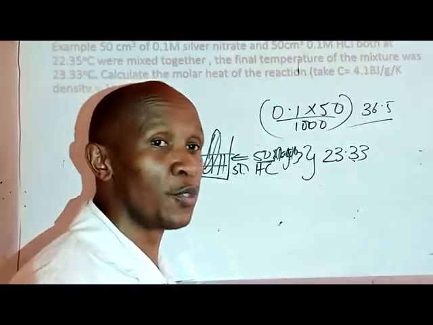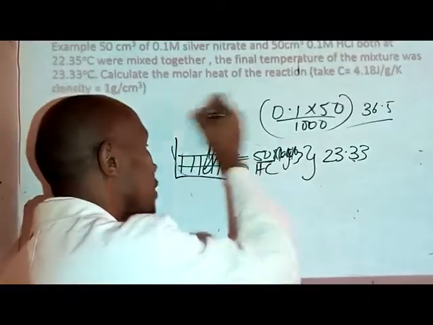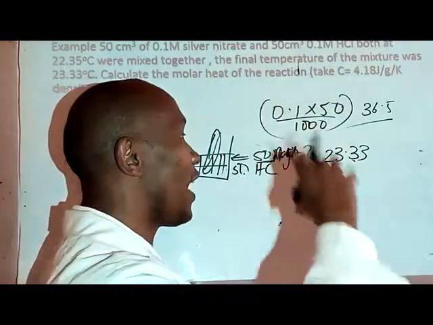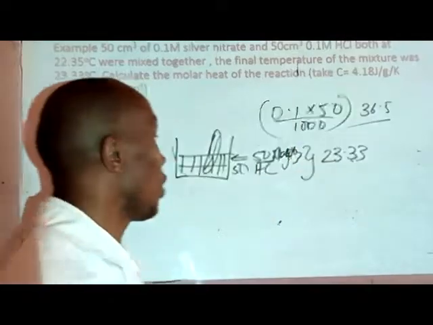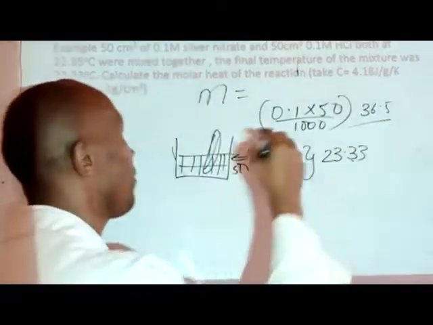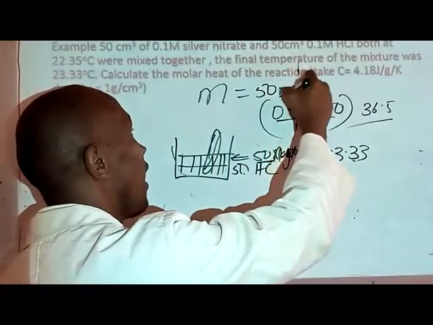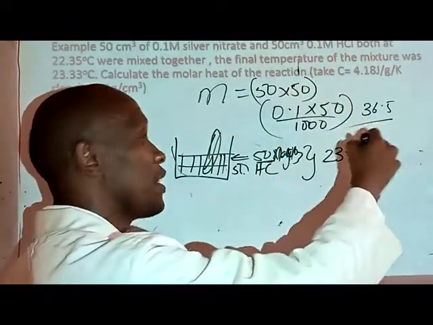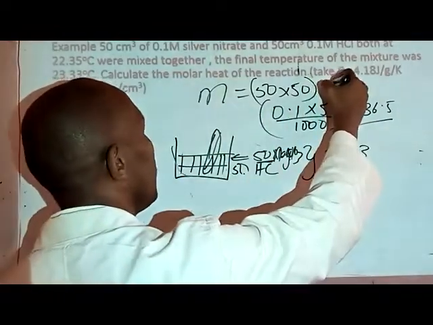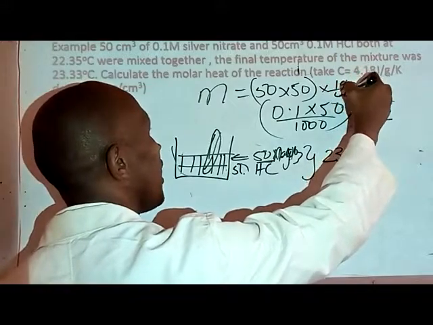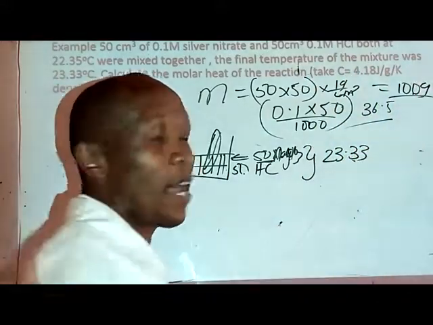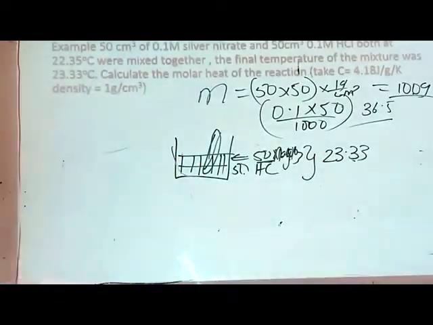You did not do that. You measured the temperature of the resultant solution, initially at that and finally at that. So the first step is 50 plus 50 cubic centimeters, multiplied by the density, 1 gram per cubic centimeter. That is equal to 100 grams. That is my m value.